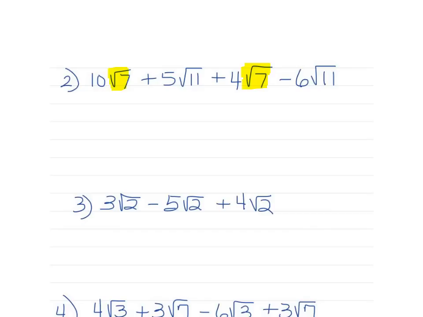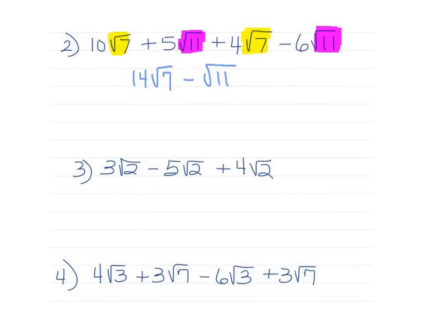So let's combine 10 radical 7 with 4 radical 7, and that would be 14 radical 7. And then we can combine 5 radical 11 together with negative 6 radical 11, since they have the same radicand, they're like radicands. And we would get negative 1 radical 11, or just plain negative radical 11.